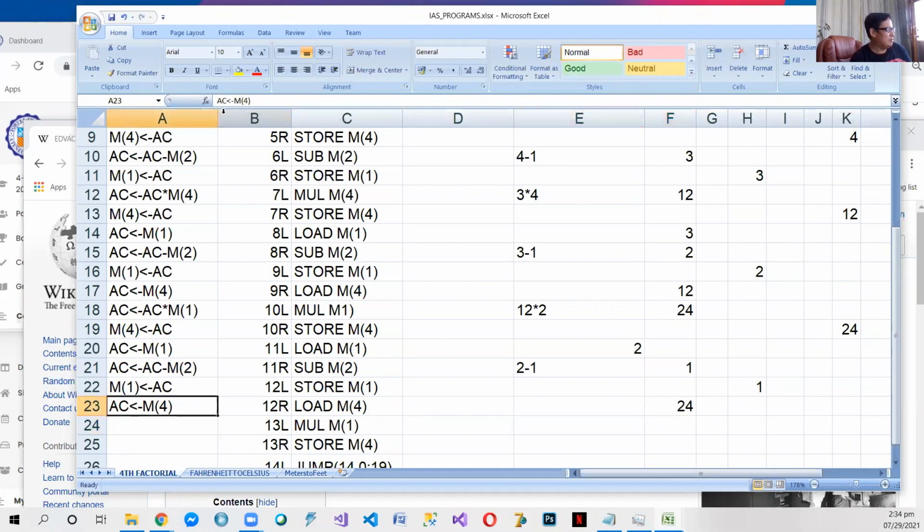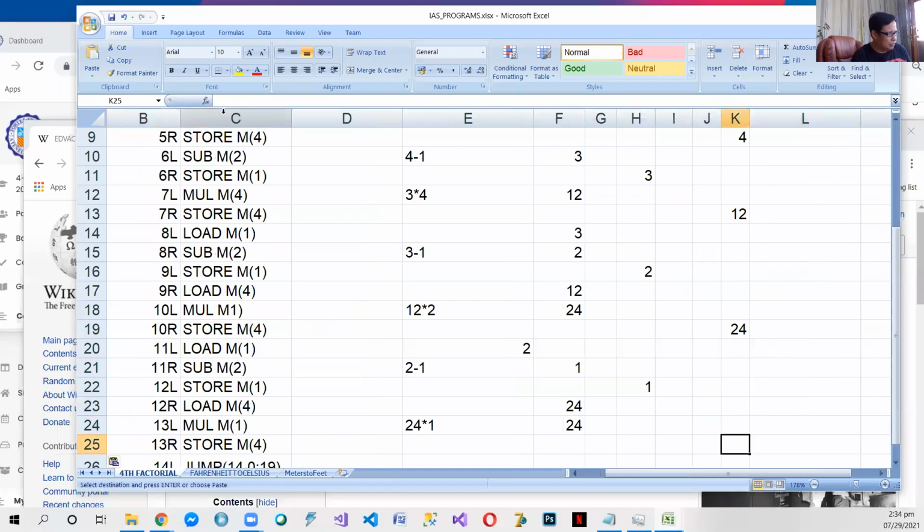Mul M1: AC receives AC times M1. What's M1? 1. So the actual content is 24 times 1. Do you follow? So the result is 24. And we store M4, so M4 receives AC. So our final value is 24.